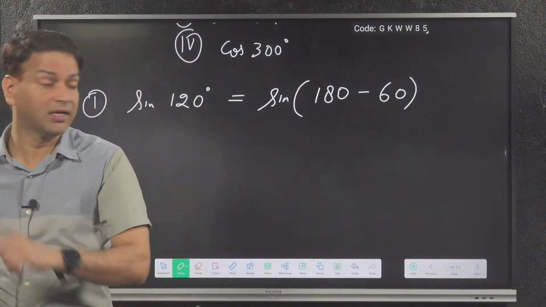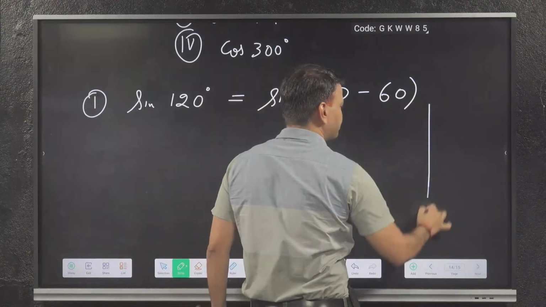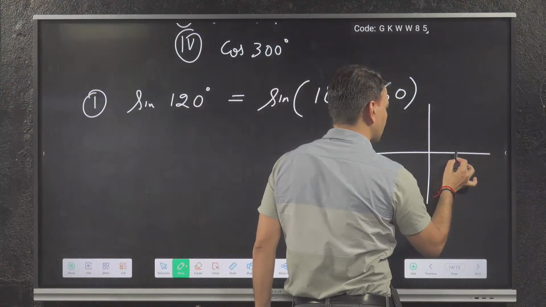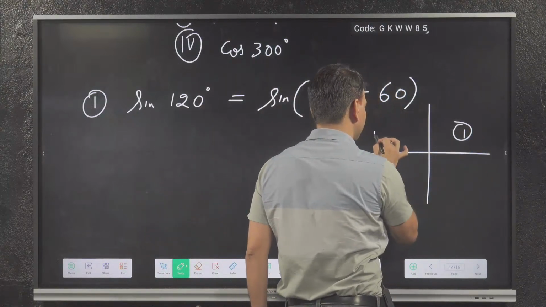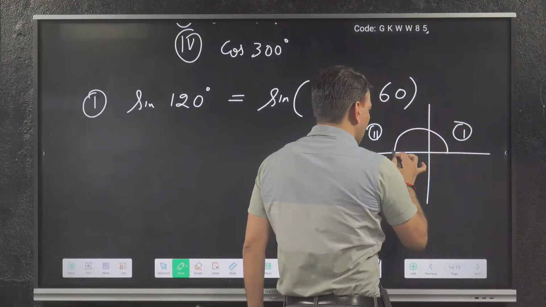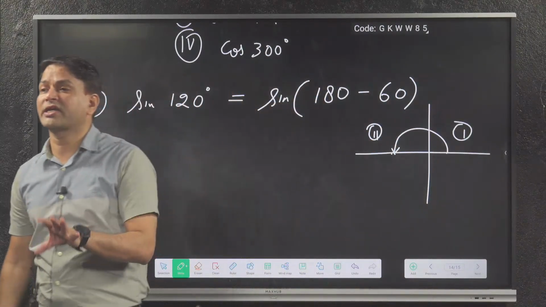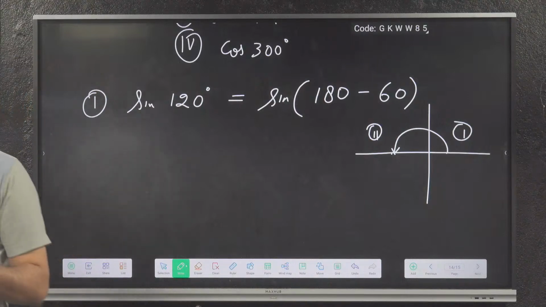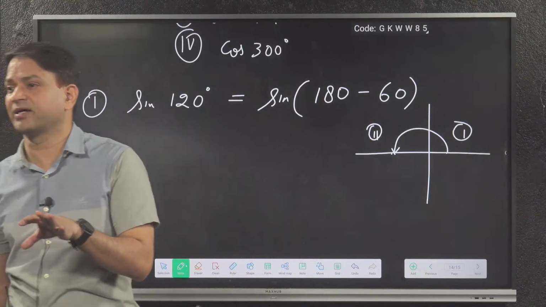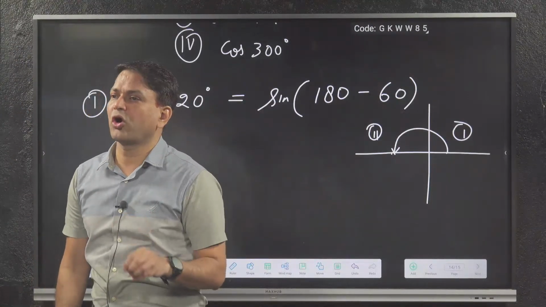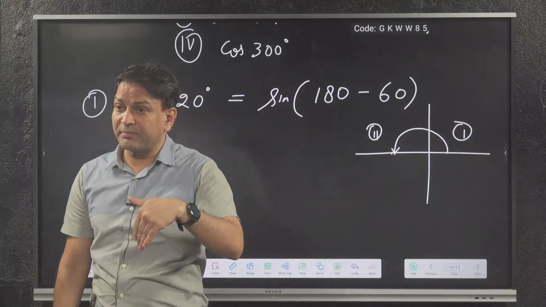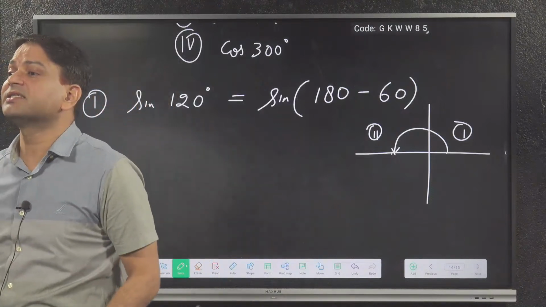180 minus means this quadrant, if you see, up to this you have 180. 180 minus means which quadrant you are in? In which quadrant is this angle 120? 180 minus means second quadrant.